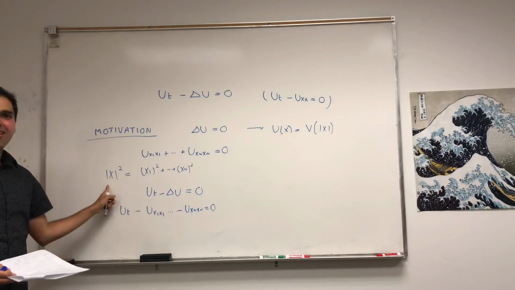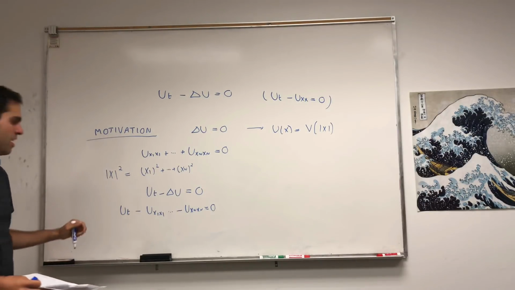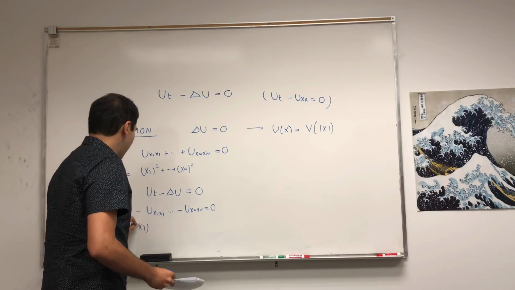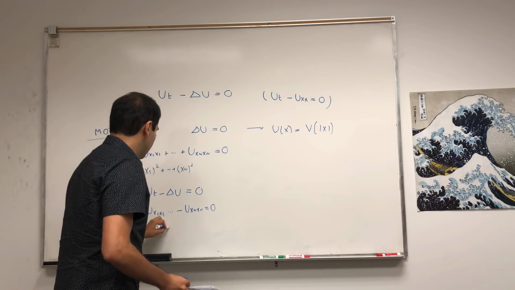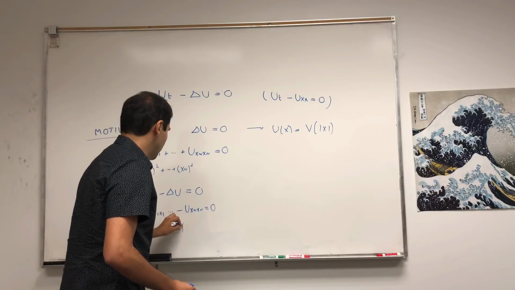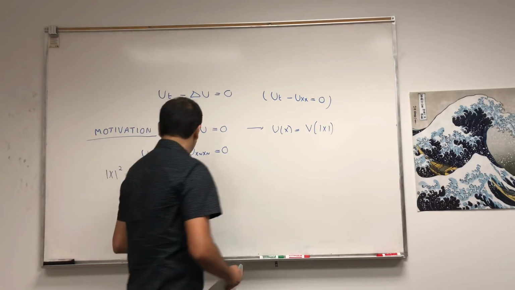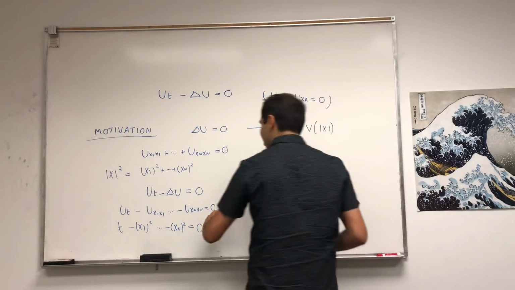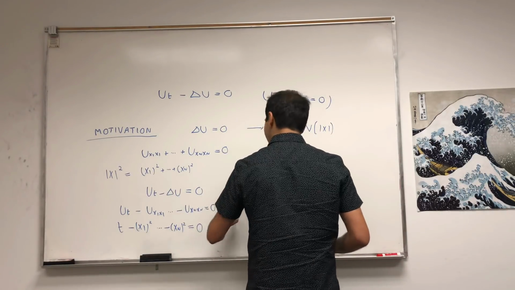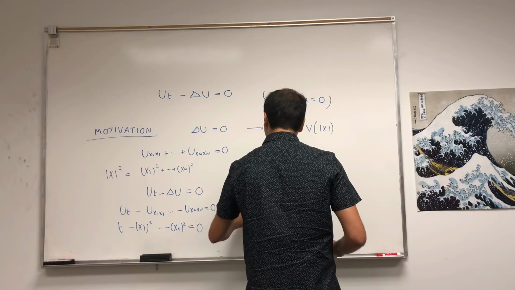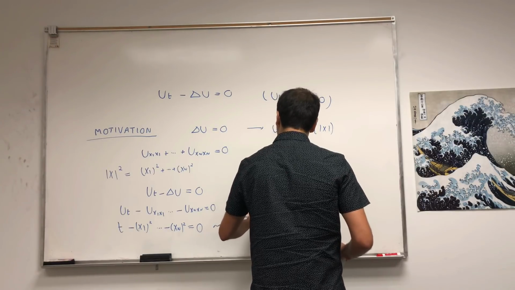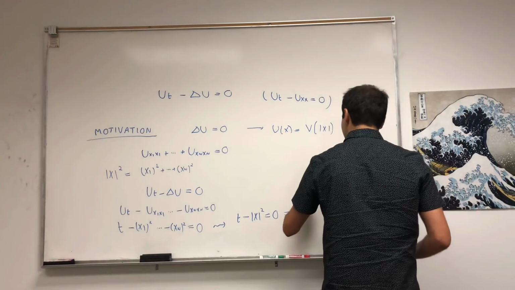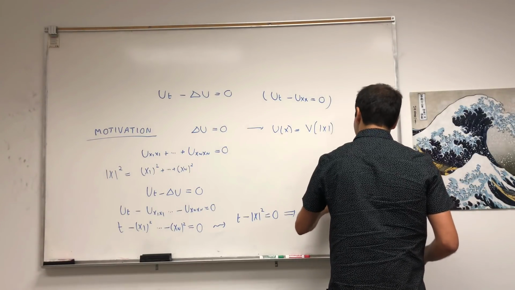So, similar to before, maybe the following term enters in: t minus x1 squared minus ... minus xn squared equals 0. And if you work this out, basically you get t minus the absolute value of x squared equals 0. And this gives you t equals the length of x squared.